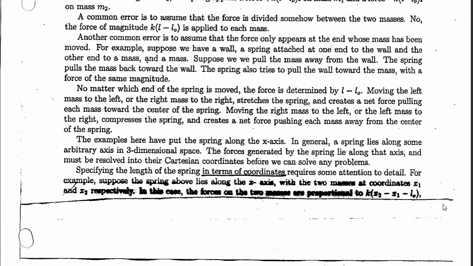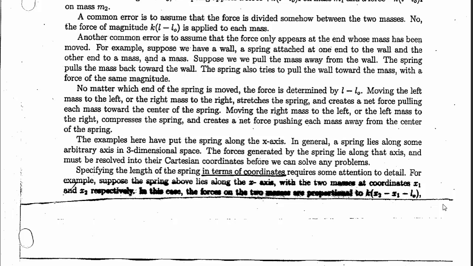Suppose you want to specify how long the spring is in terms of coordinates. Well, the two masses 1 and 2 have locations x1 and x2. That's not new. And therefore, the length of the spring would appear to be x2 minus x1. But we have to be a little bit careful here because the length of the spring is a positive number.